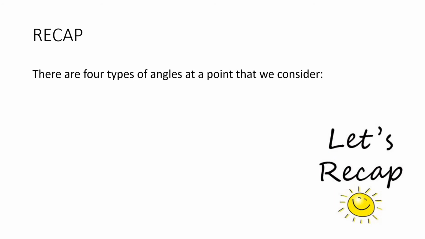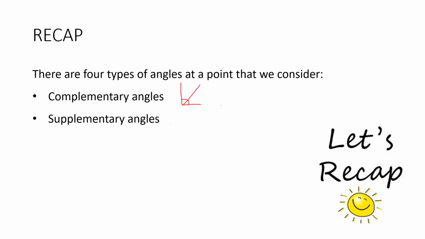So just before we move on, let's recap. There are four types of angles at a point that we consider. The first one is complementary angles, and they're adjacent angles that add to 90 degrees, like this. Supplementary angles are adjacent angles that add to 180 degrees. Now one of the ways that you can remember this, a quick trick, is to look at the first letter.